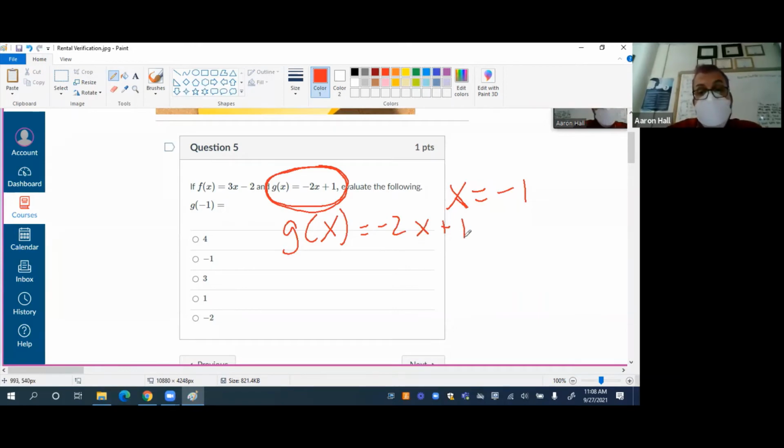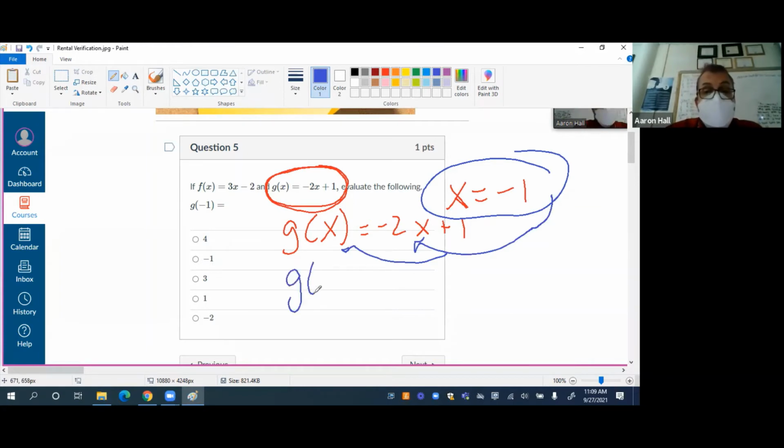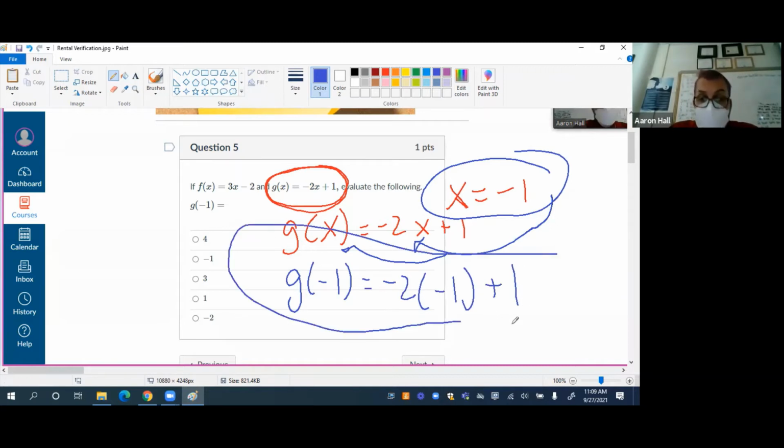Maya, now what do I do? If x equals -1, what do I do with that? Yeah, replace all the x's with -1. So that gives me g of -1 equals -2 times -1 plus 1. How do we solve for this mess?